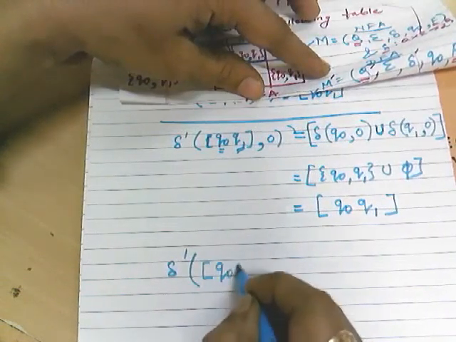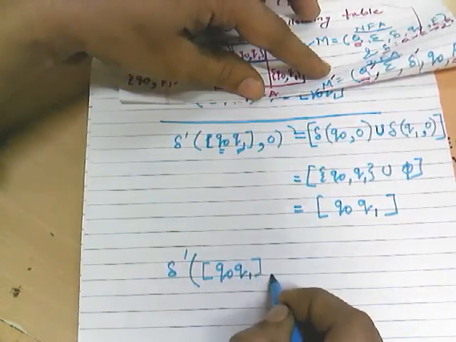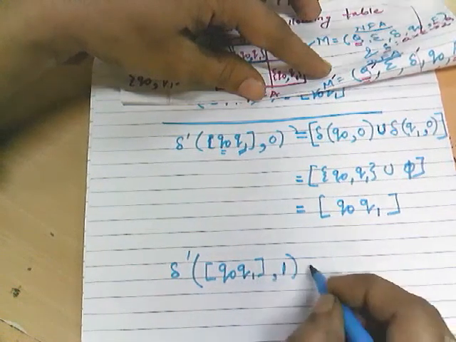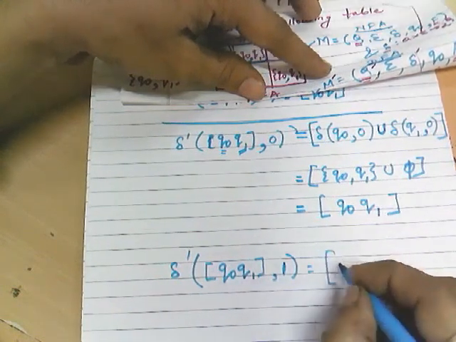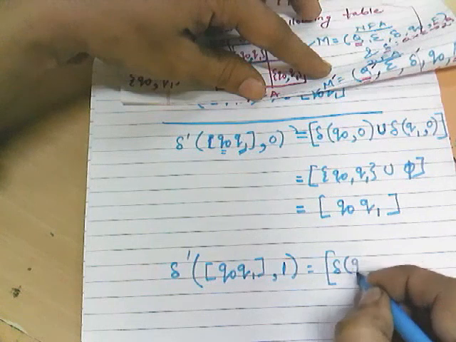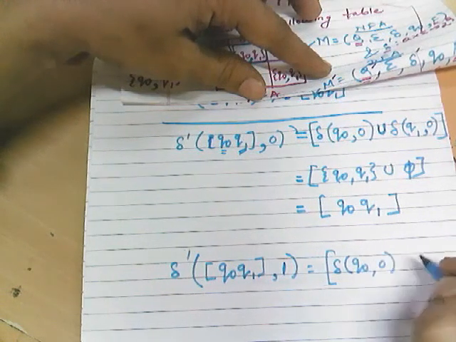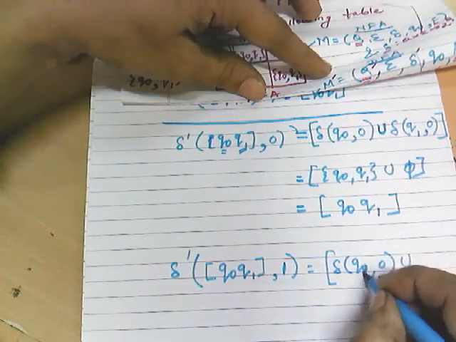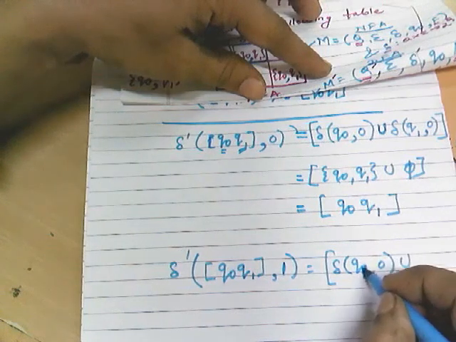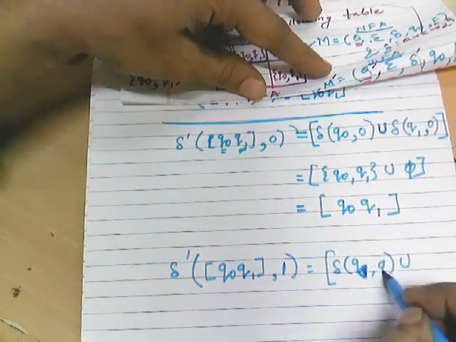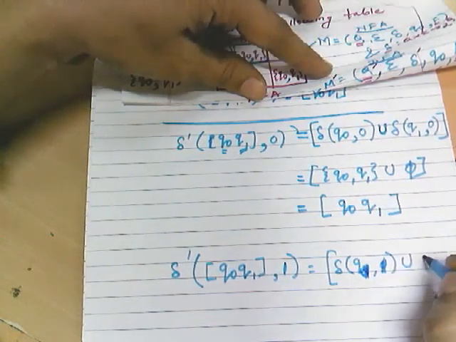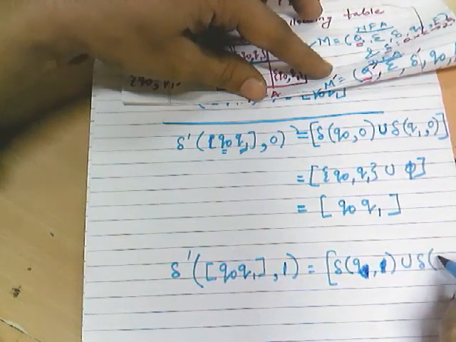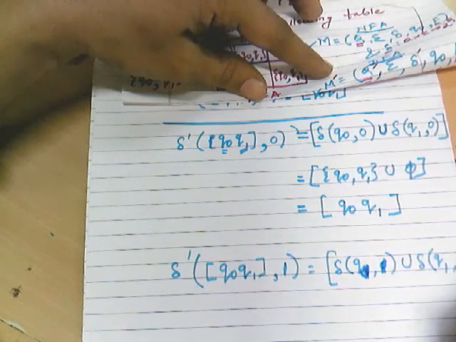What is it? q0 q1 comma 1. So here again I will be putting the same type of values. It is delta q0 comma 1 union delta q1 comma 1, right?